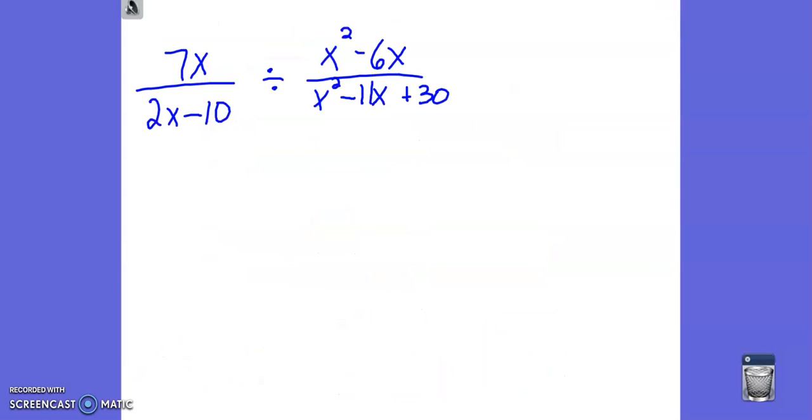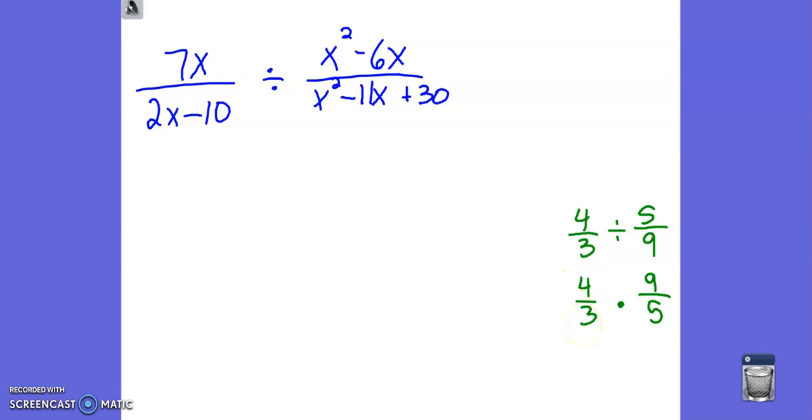So let's look at one example that's a little bit more involved. Remember back when you started dividing fractions, and you had something like 4/3 divided by 5/9, something like that. Well, the way to divide fractions is you change it to multiplication, and then you flip the following fraction.